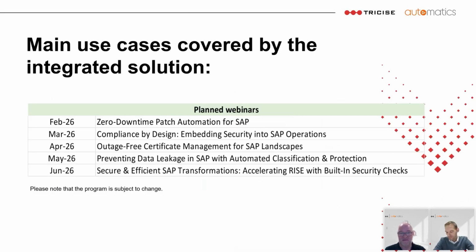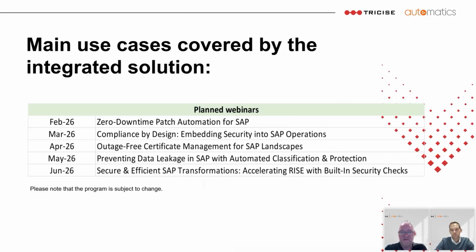So it makes no sense that in 45 minutes we try to cover all the areas. Again, today we want to show how on a high level the integration works, and then in webinars planned from February to June, we really want to go into certain areas and go into more detail there and explain how this can work in an environment where you want to manage your SAP systems.